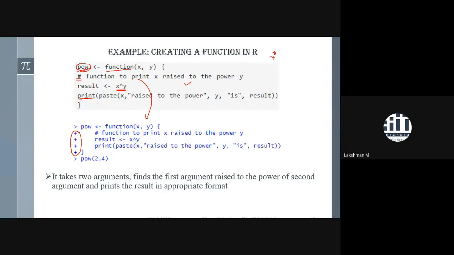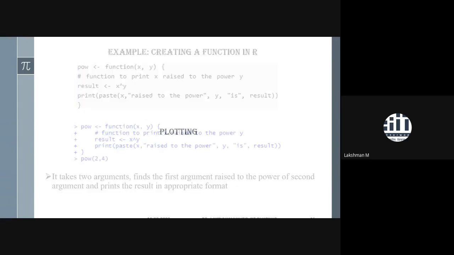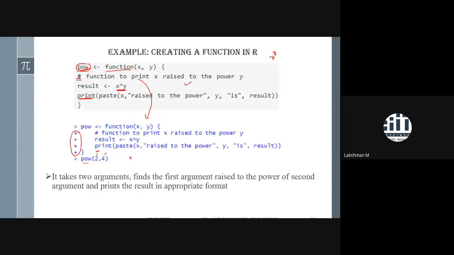And if you want to recall the power function with x equal to 2 and y equal to 4, you will get your output: 2 to the power 4, that means 16. So this is the way to create a function in R.